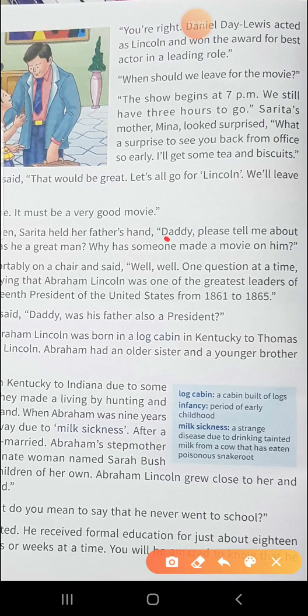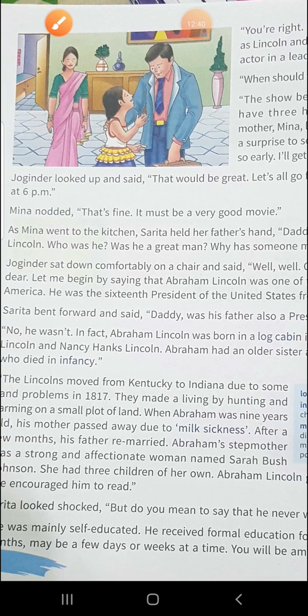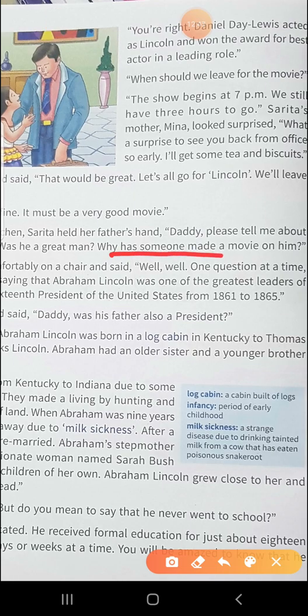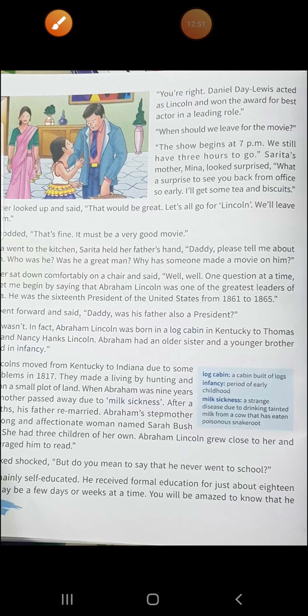What did she say? Daddy, please tell me about Lincoln. Who was he? Was he a great man? Why has someone made a movie on him? You know, children are full of curiosity. They want to know everything.